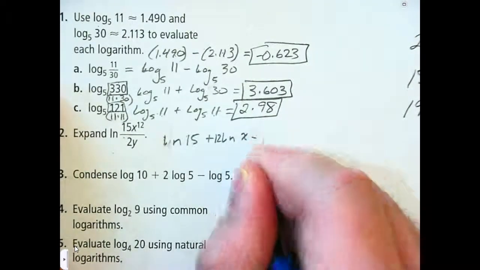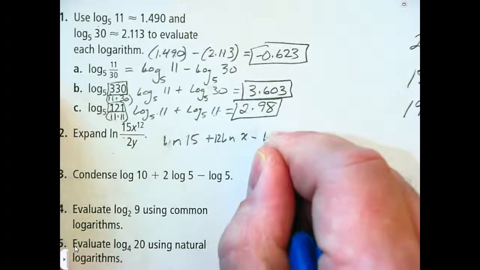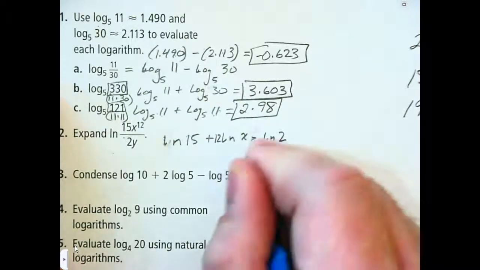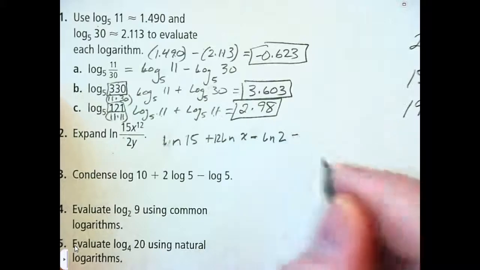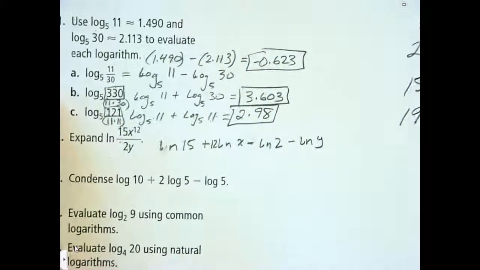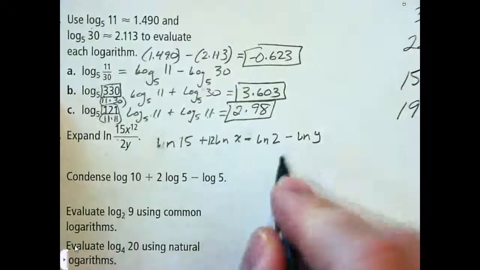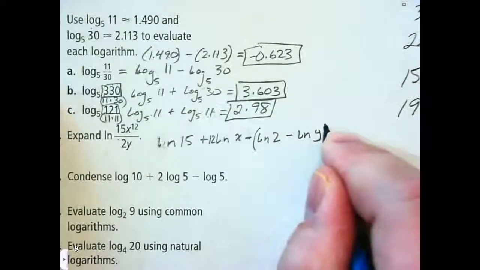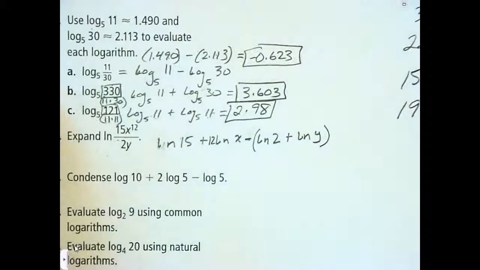And then I am going to subtract from that the natural log of 2 and the natural log of y. Now you could either write it like that, subtracting both, or you could write it like that, with a plus.